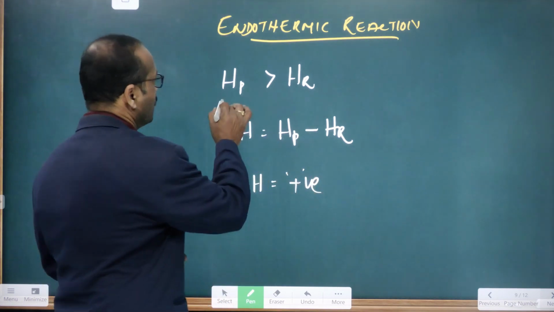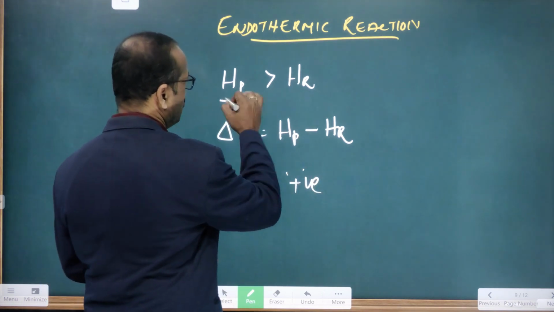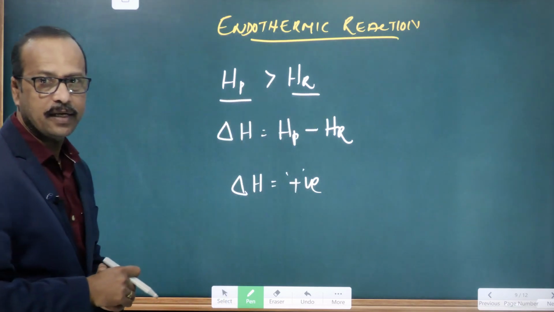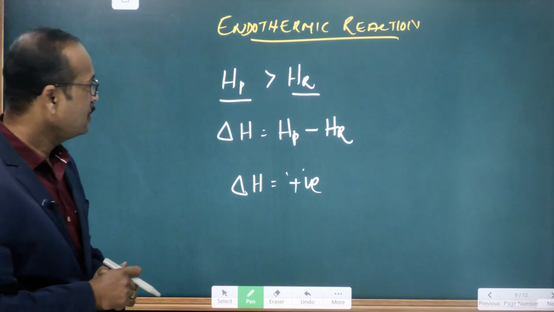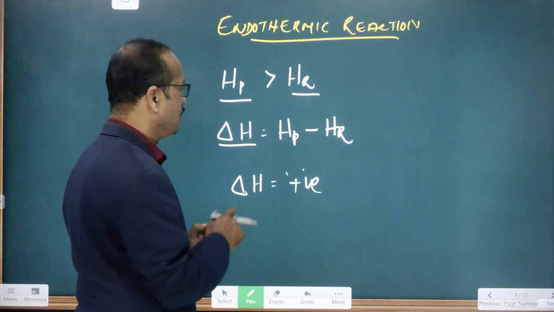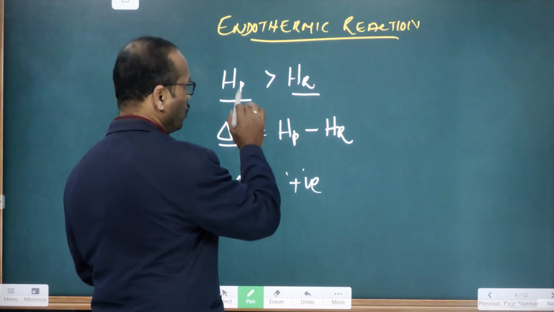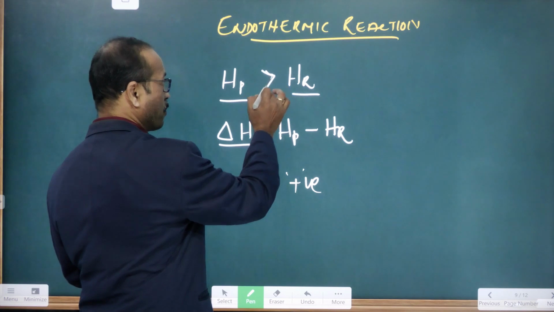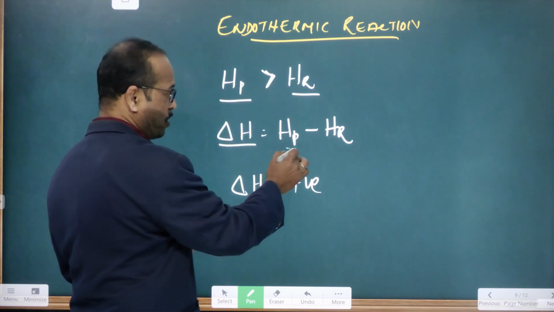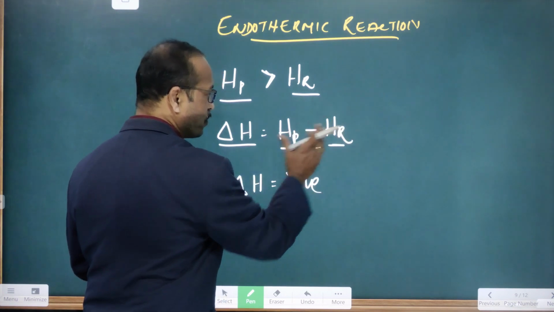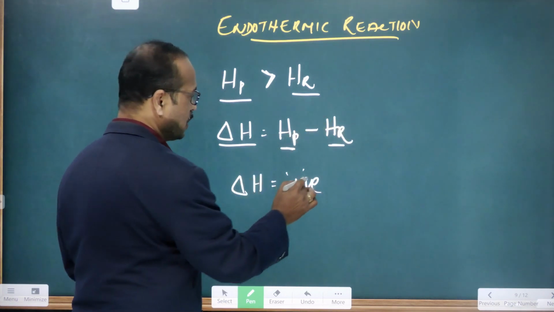So here, what happens? The heat content of the product is greater than the heat content of the reactant. Clear? So the difference in the heat content is delta H, which is called enthalpy change. Enthalpy change is equal to product minus reactant. But here the product is greater than the reactant. So here we are subtracting the smaller one from the higher one. So what will we get as the answer?